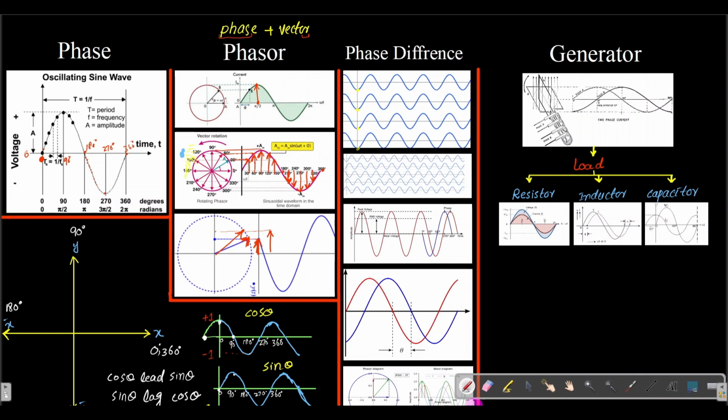Similarly if we consider this line, in this line this wave has the maximum value, this has the maximum value, this has the maximum value. So the phase of all these waves is the same, so there is no phase difference here.